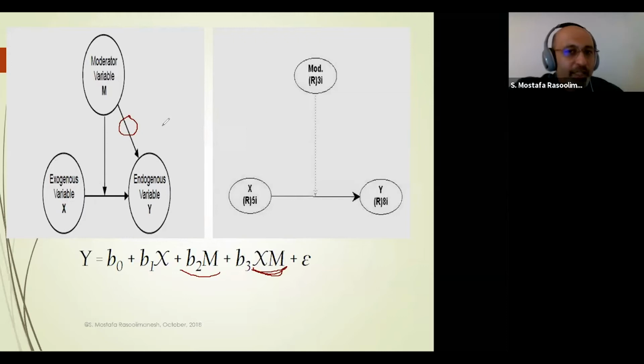When we apply interaction effect, these two terms are added to the regression equation.